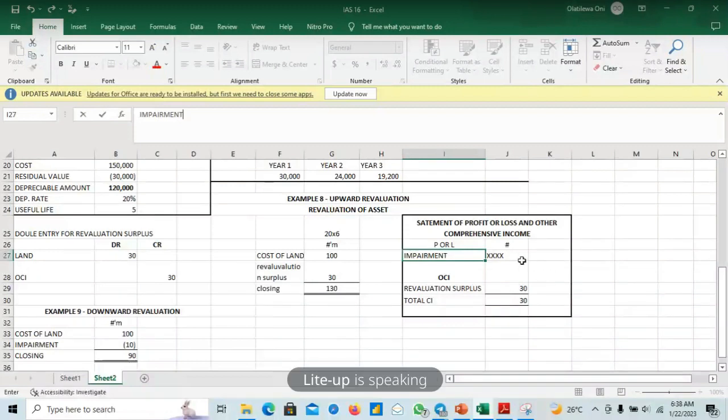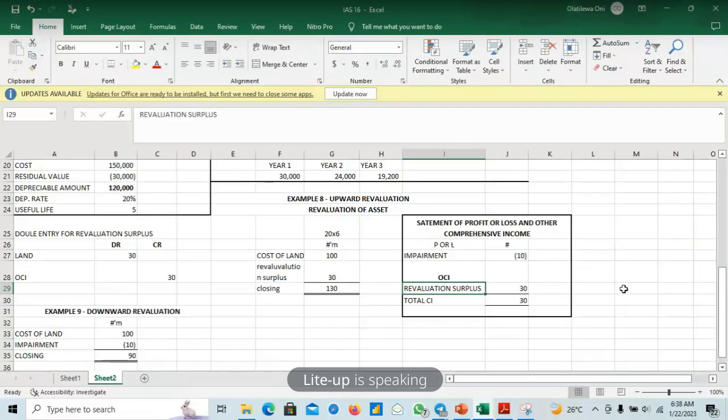Impairment of an asset is treated as an expense during the period. The amount here is 10. Impairment is treated under the statement of profit or loss, while revaluation surplus is treated under the statement of other comprehensive income when they happen for the first time.